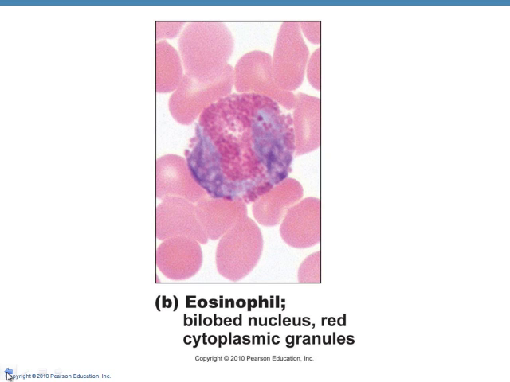The nucleus is here, also a weird shape, but the granules are orange. They actually pick up the eosin portion of the Wright stain. That's why they're called eosinophils. And we see these increase in things like allergic reactions or parasitic reactions, because these guys are going to help with that.